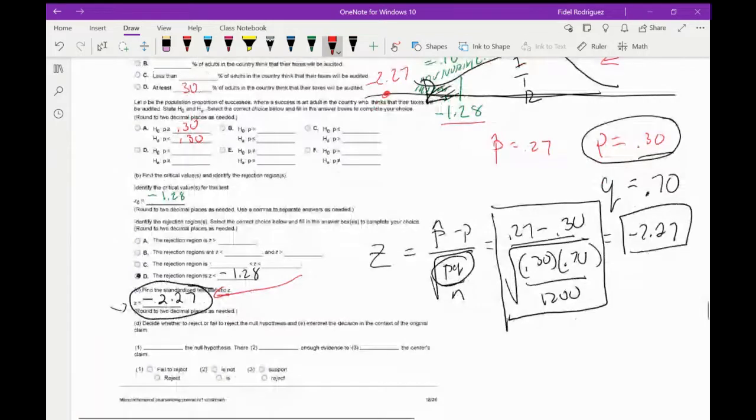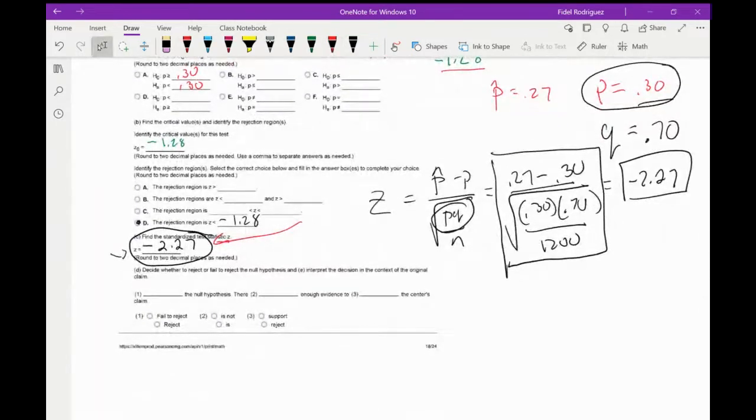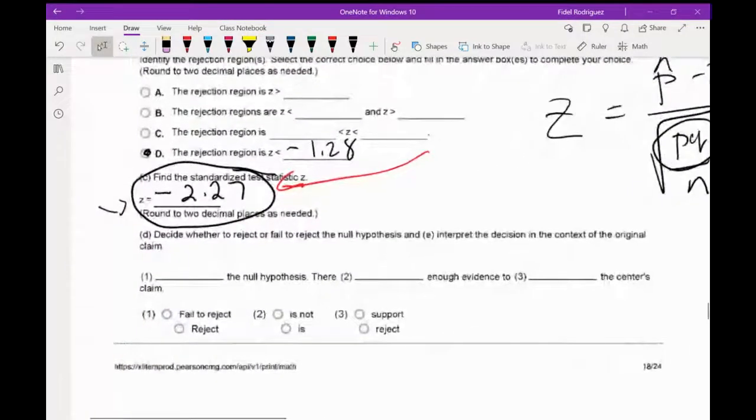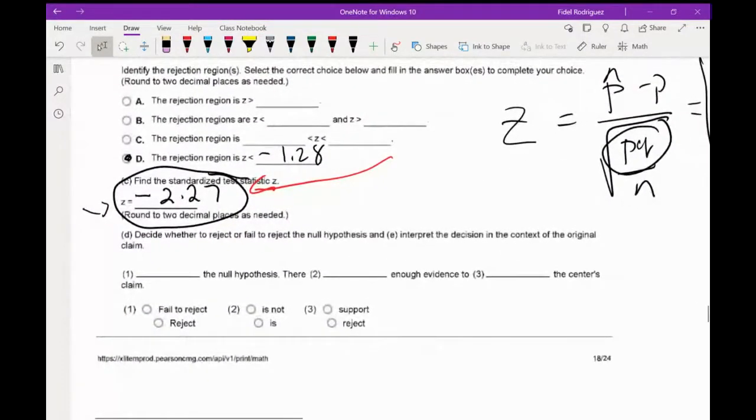Now, okay, so now part D says, again, it's giving me some options. It says to decide whether to reject or fail to reject the null hypothesis and interpret the decision. Okay, so number one, we're going to reject the null hypothesis.